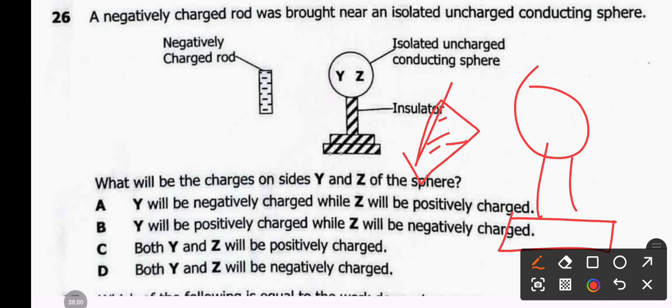What will be the charges on sides y and z of the sphere? So we have a sphere mounted on an insulating stand, and we bring a negatively charged rod close. Have they said not touching? It was brought near, so it's not touching.